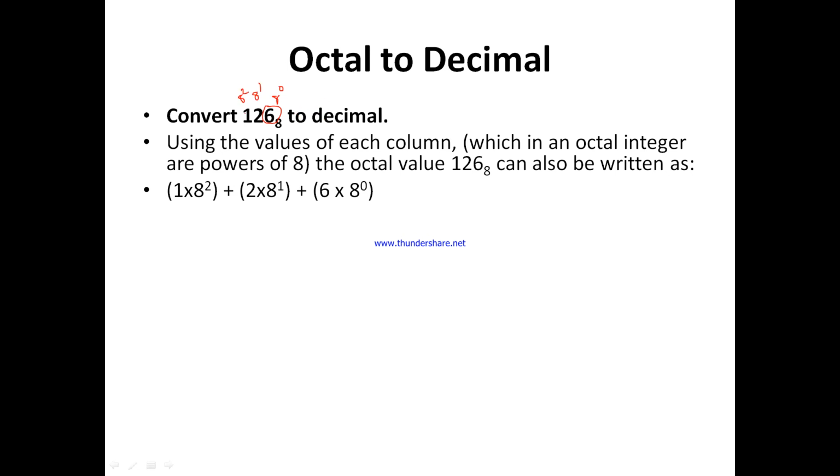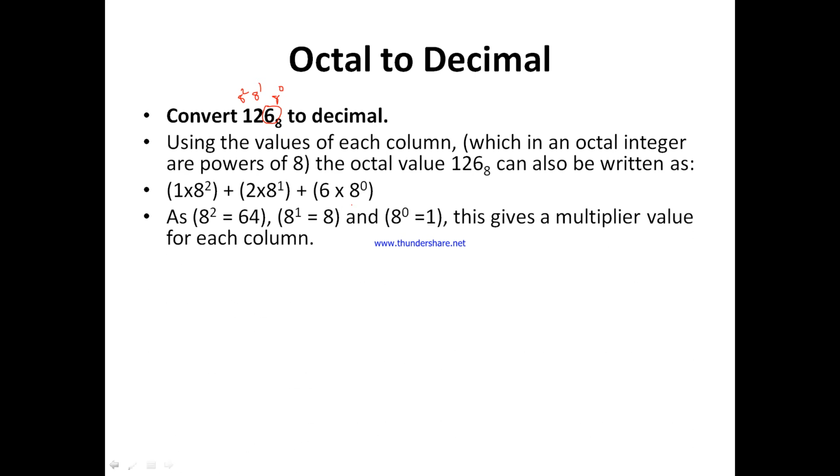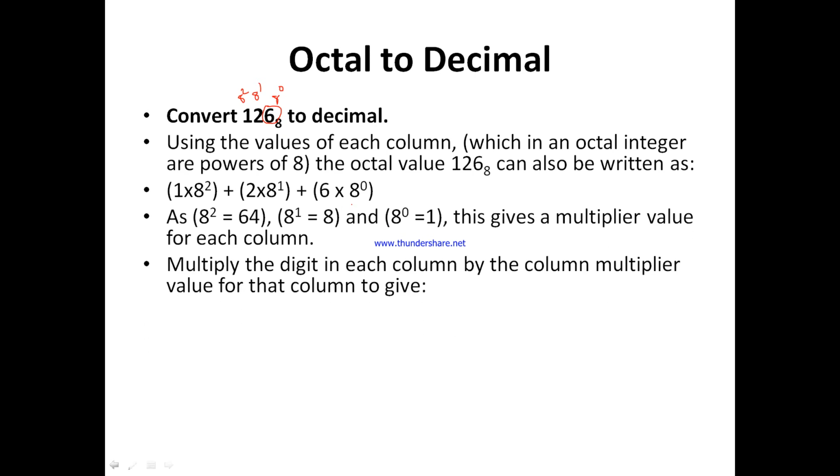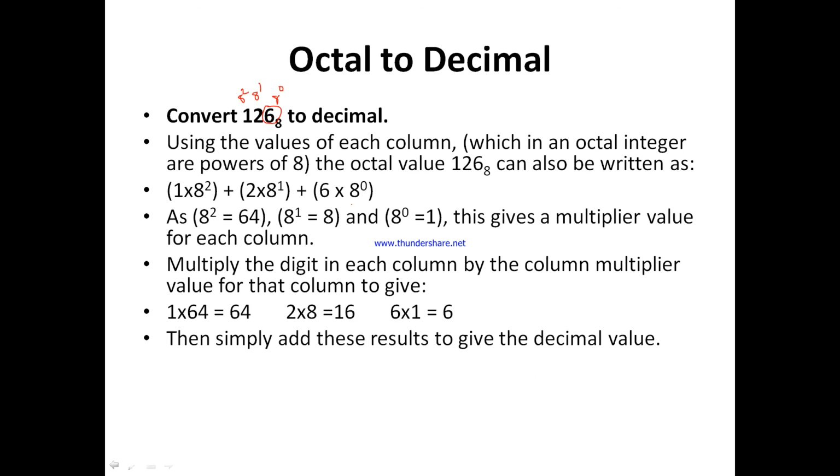The power increases toward the left. So 1 into 8 power 2 plus 2 into 8 power 1 plus 6 into 8 power 0 is the decimal equivalent. That is 64 plus 16 plus 6.